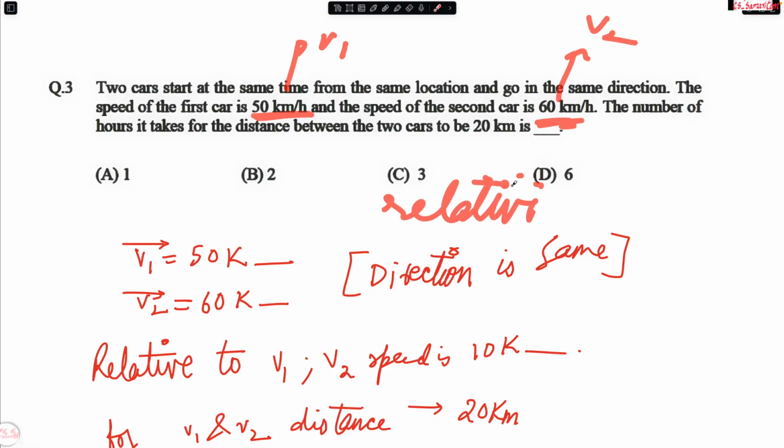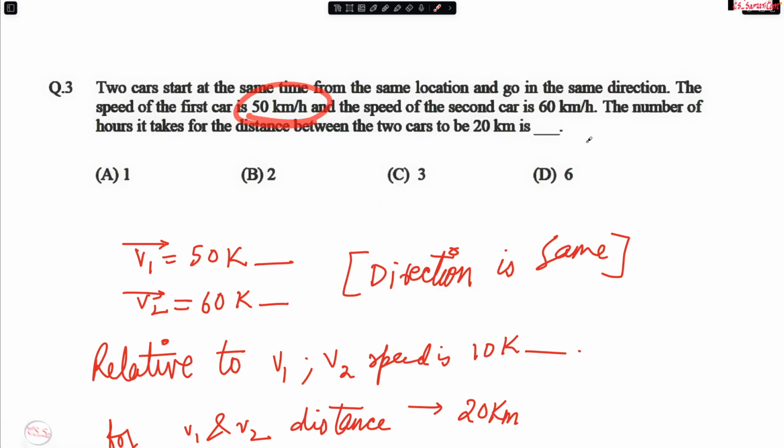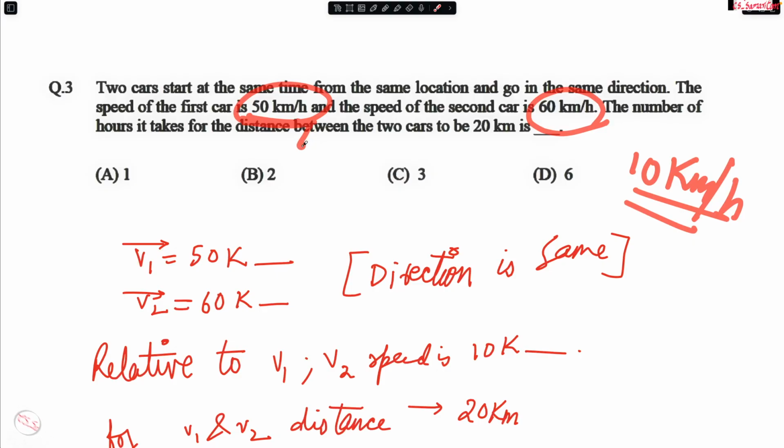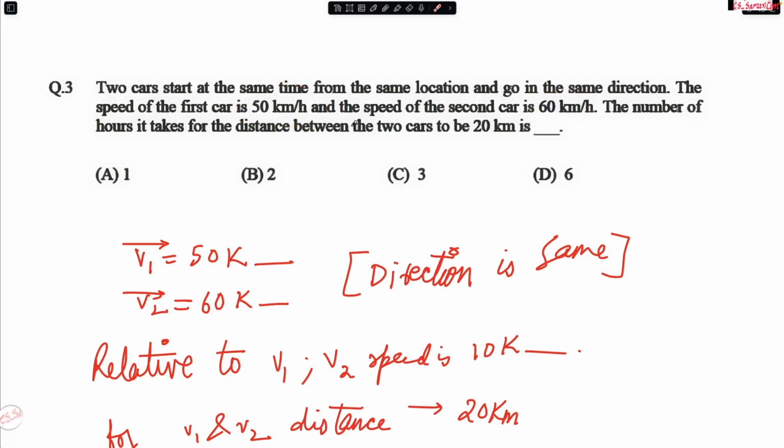Relative to the first car, the second car is moving at 10 kilometers per hour, while the first car is at rest. I hope that you understand this concept. If you don't, then just look up relativity and speed dynamics questions on YouTube. It's the kind of physics question that comes in 9th-10th class.